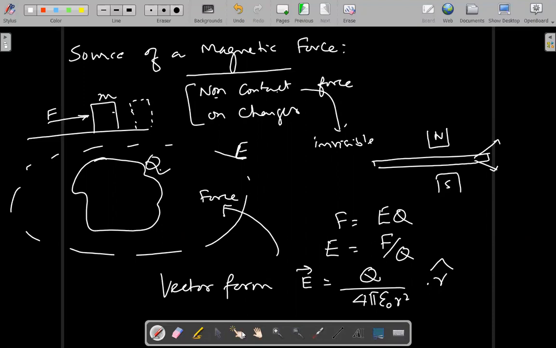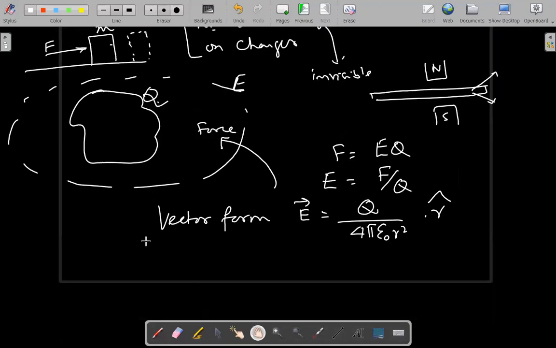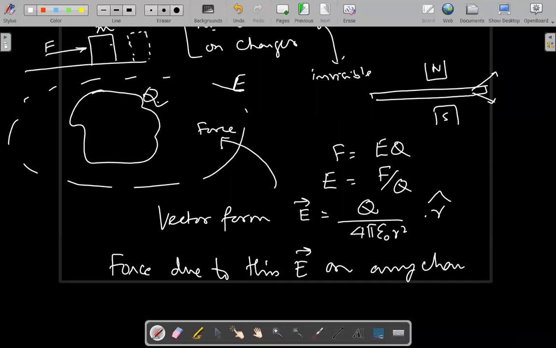So now if we talk about the force due to this E bar on any charge Q, let's suppose you want to bring this charge Q into this field. It will be given by F equal to this multiplied by that, so Q multiplied by E. So this Q is this, and this is Q divided by 4 pi epsilon naught R square multiplied by R cap.